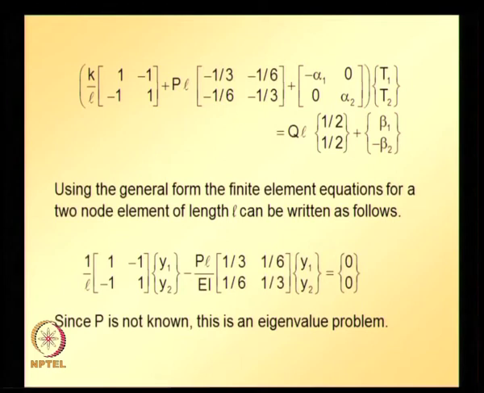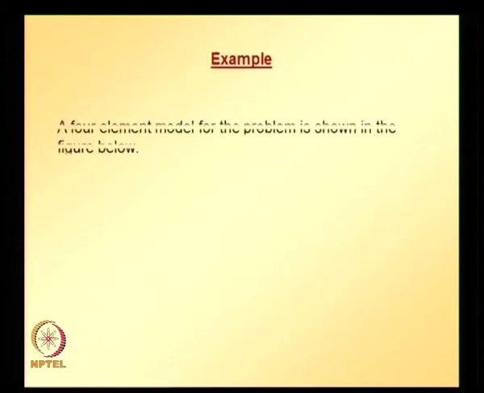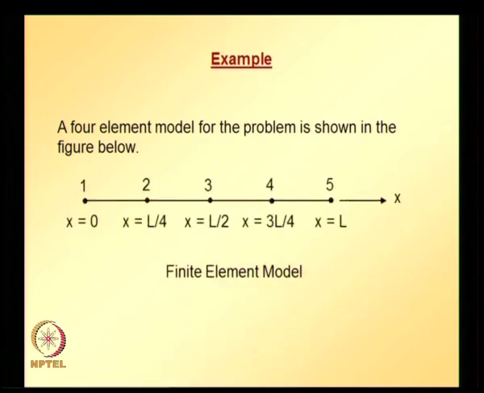So now let us take an example on column buckling. A 4 element model for the problem is shown in the figure. The simply supported column of length L is discretized using 4 linear elements, or 5 nodes in total for this problem, and each of the elements is of the same length, and the length of each element is L over 4.